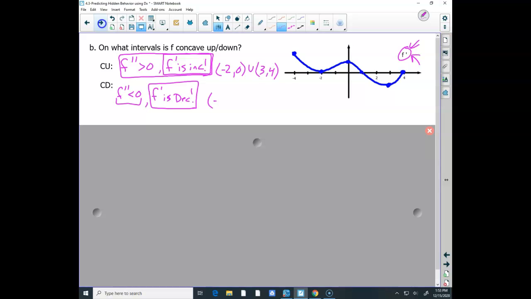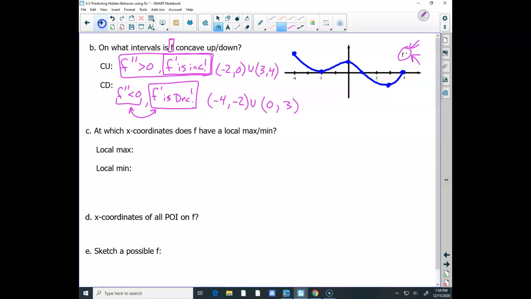It's decreasing from -4 to -2, and it also decreases from 0 to 3, doesn't it? So those are the intervals on which f would be concave up or down, okay? And notice my derivatives in my clouds of knowledge are connecting all three of these, all right?